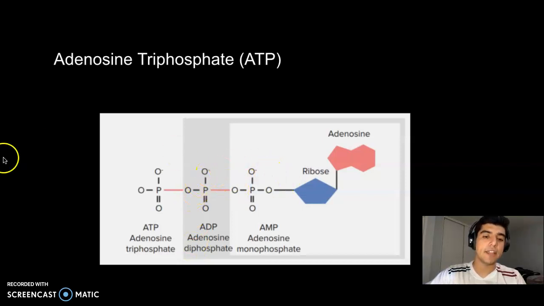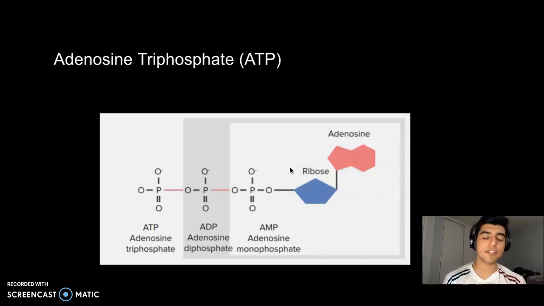And if you take another one out of adenosine triphosphate, then you're going to end up with only 1 phosphate group. In that situation, we're going to call it adenosine monophosphate. So always remember, adenosine triphosphate, 3 phosphate groups. That means that the molecule is charged with energy.